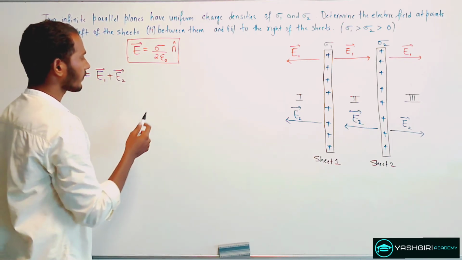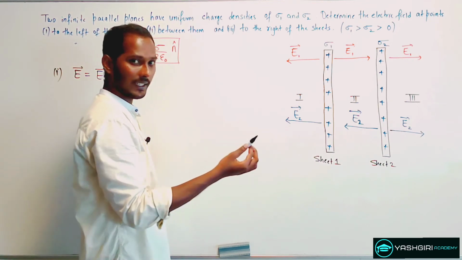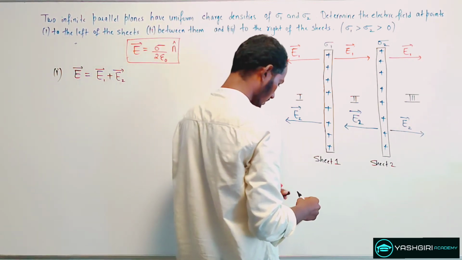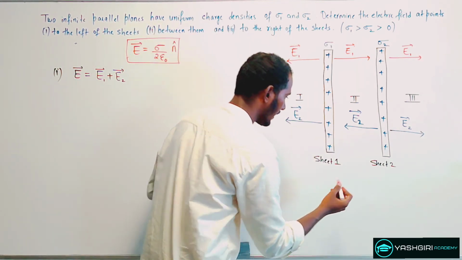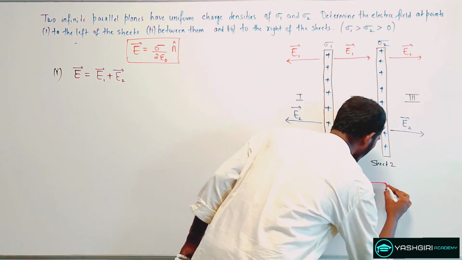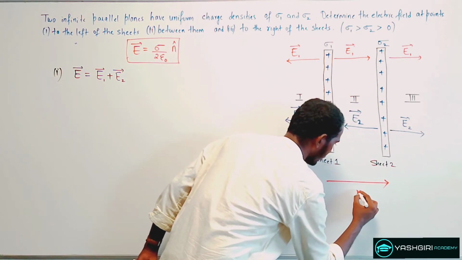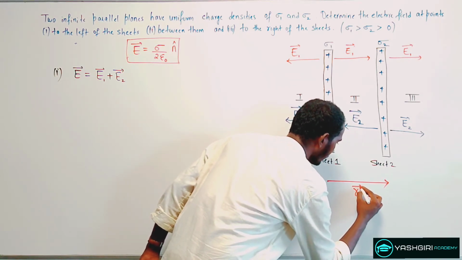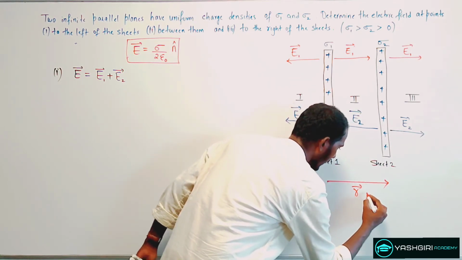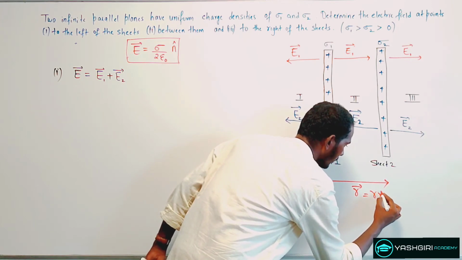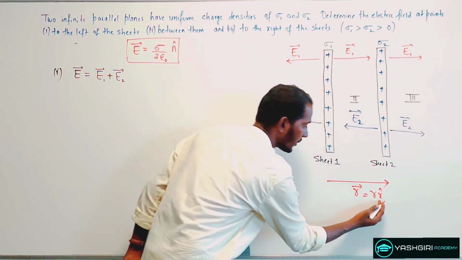Here, let me choose r cap as a unit vector. This is my r cap. Let me choose this as my reference point. Let this be my vector r, which I can write as r into the r cap, where r cap is my unit vector.